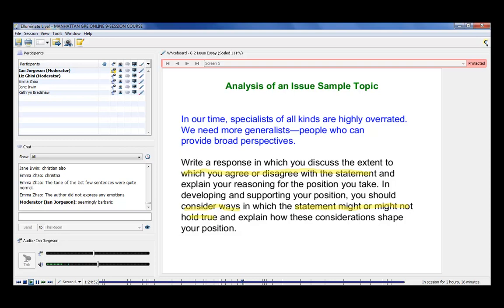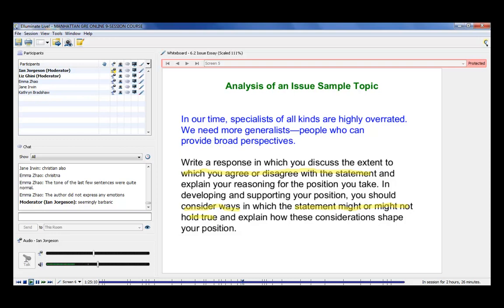So maybe specific situations in which it may be true or may not be true. And then we need to tell them how those considerations shaped our eventual agreement or disagreement. That's not going to be a hard barrier to cross.